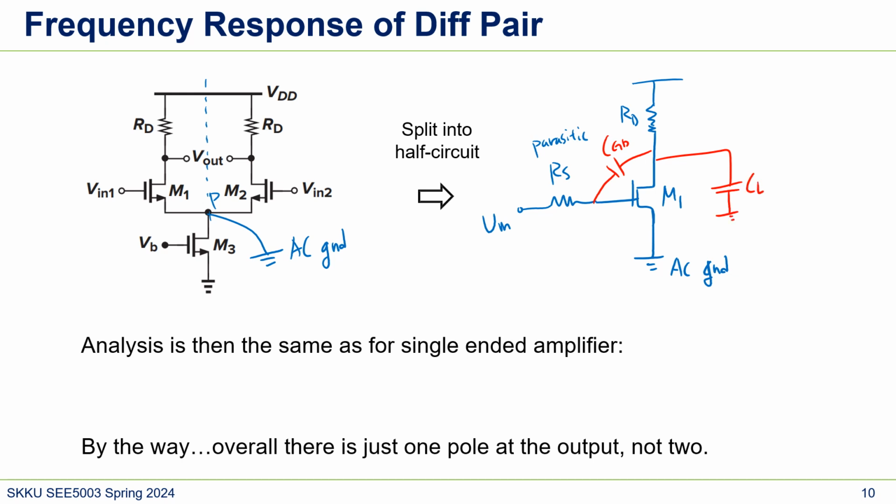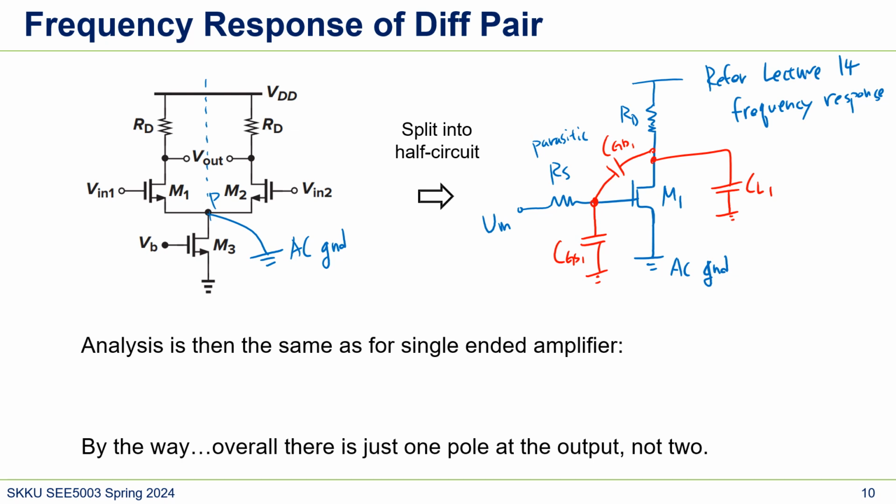This includes CDB, and then the CL of the next circuit, and here is CGS. You can refer to lecture 14, which is frequency response.